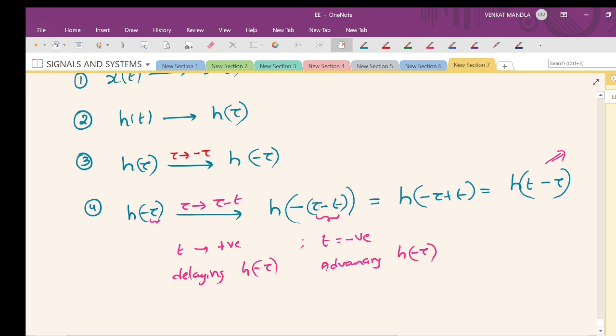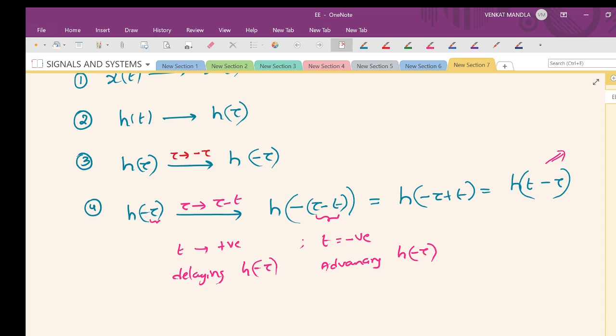For example, let small t be plus 2. Then tau minus 2 means we are delaying h(minus tau) by 2 units, that is, the signal moves towards the right side.